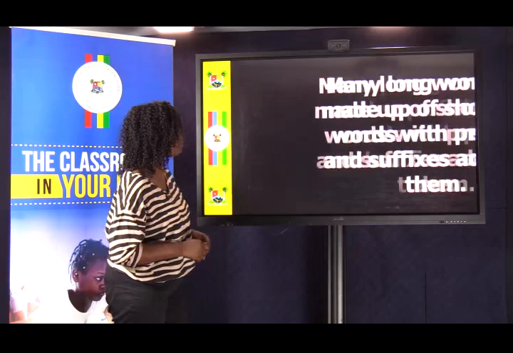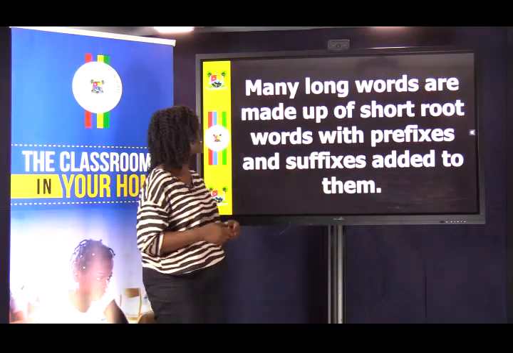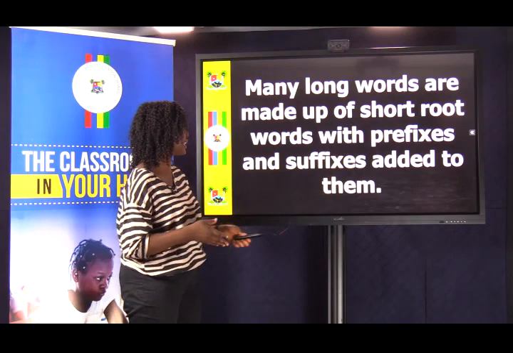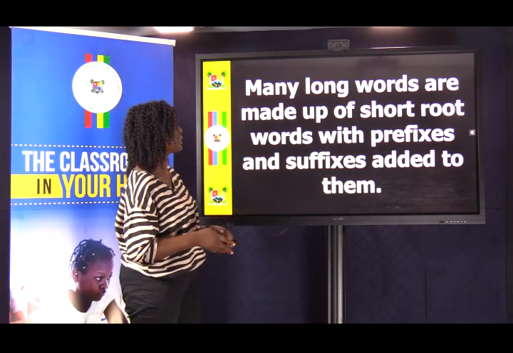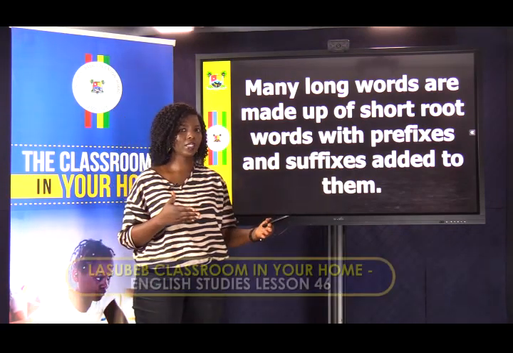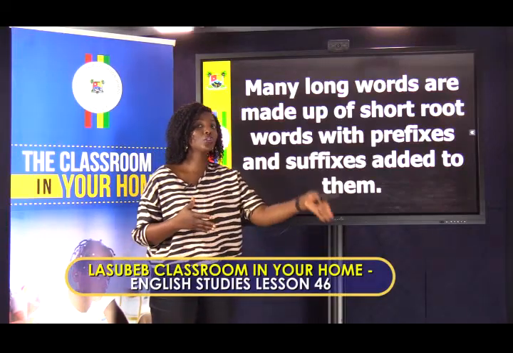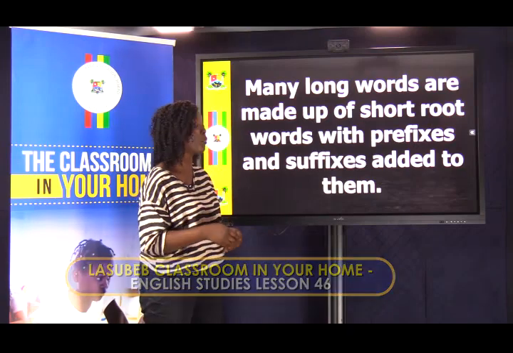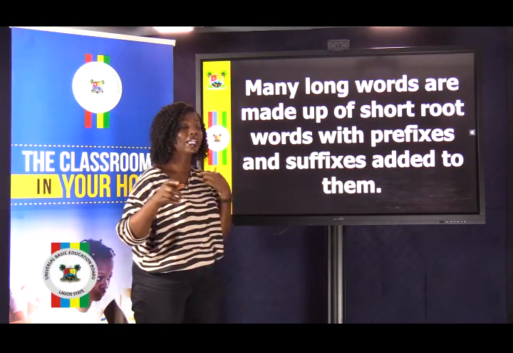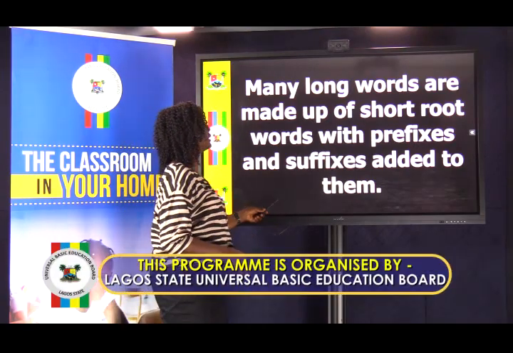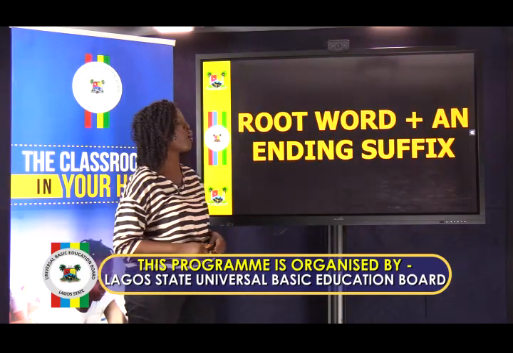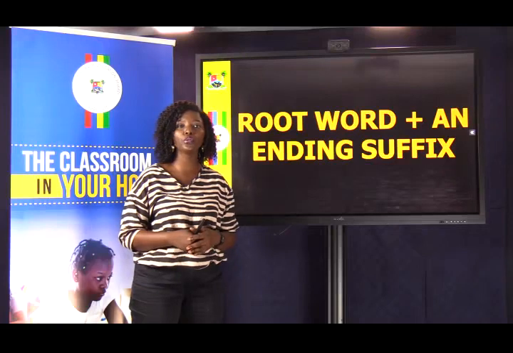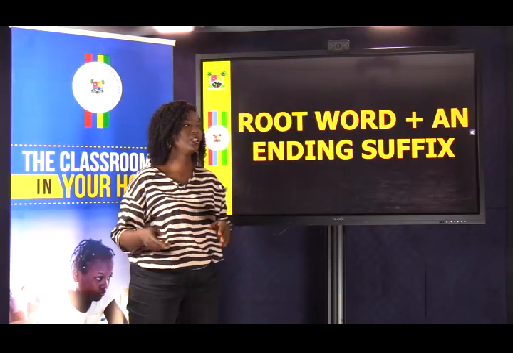So many long words are made up of short root words with prefixes and suffixes added to them. We usually have a word, and when we add another word to it at the beginning and at the end, it surely means a different thing. But that particular word itself is a root word. But as we go on, we will be getting a few examples of the root word and suffix.